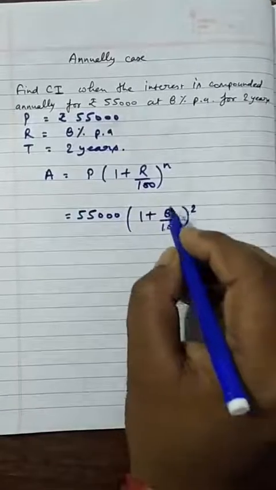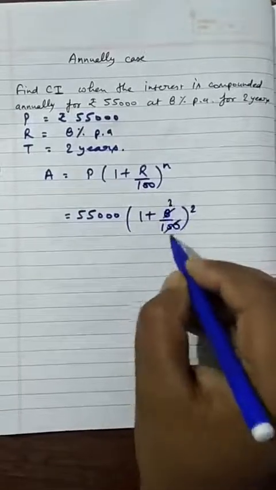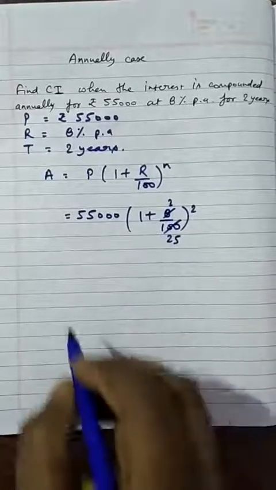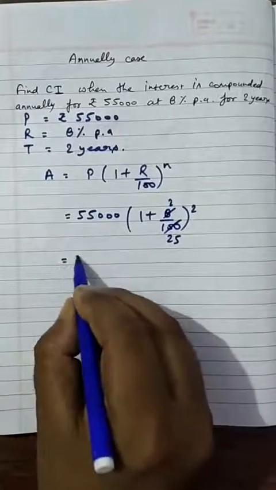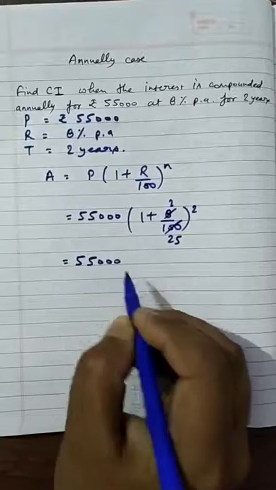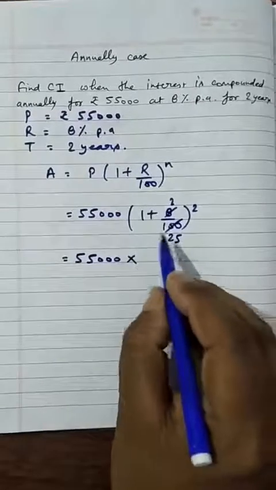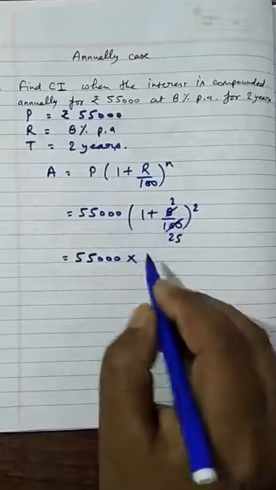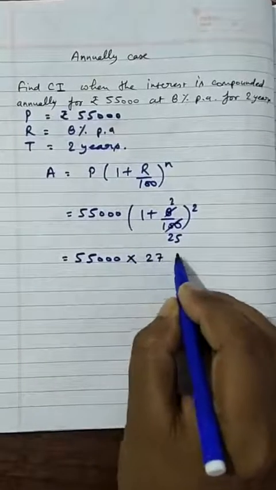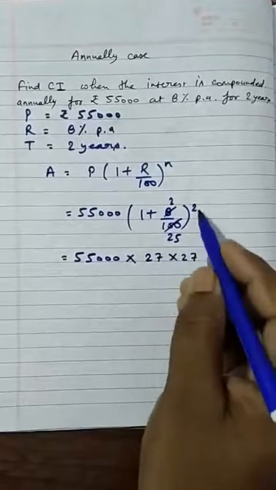So 4 2s are 8, 4 25s are 100. So this is 55,000 multiplied by 25 plus 2, 27 upon 25, 2 times, because we have power of 2.